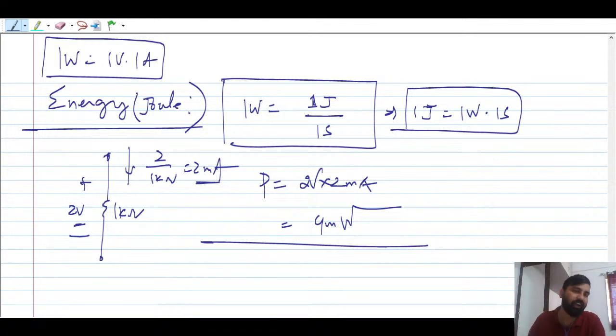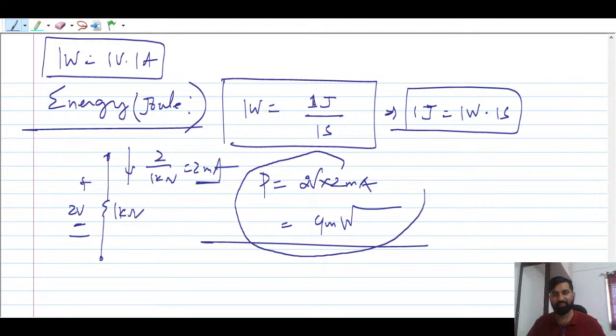So you can use V into I, or V square by R, or I square R. Whatever formula you use, you will get the same answer. Depending upon the given information, you can decide which formula to use.